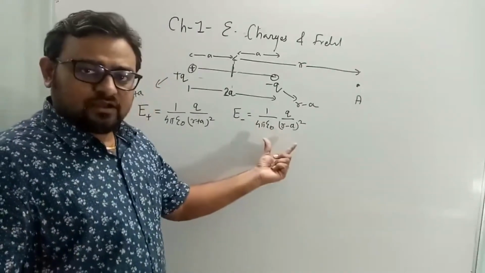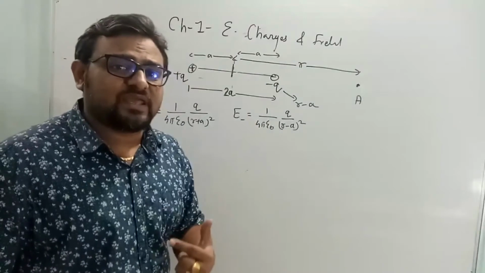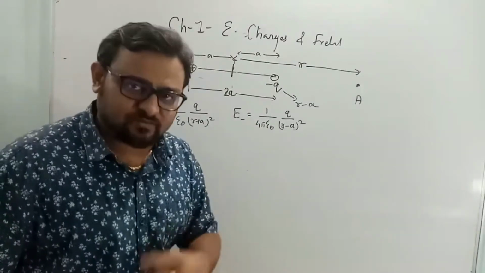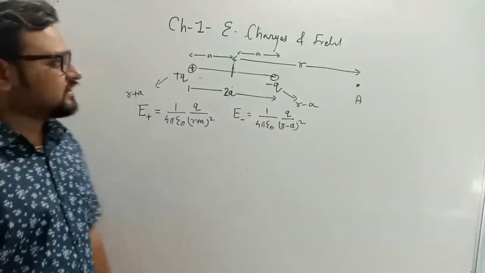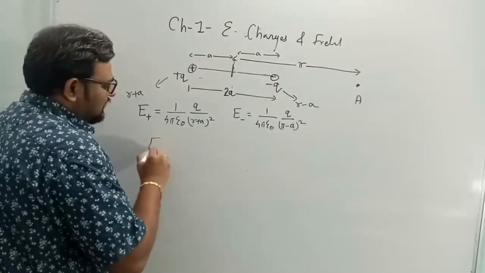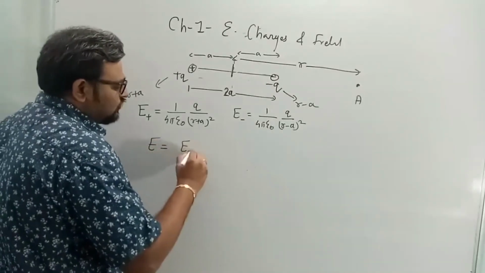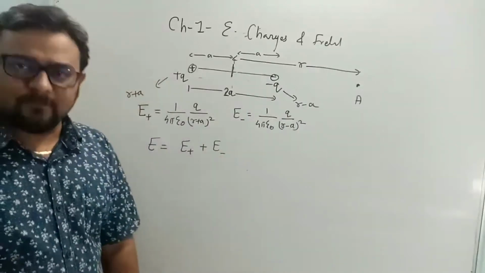Right? So the total electric field will be the vector sum. The total electric field will be equal to E plus plus E minus.